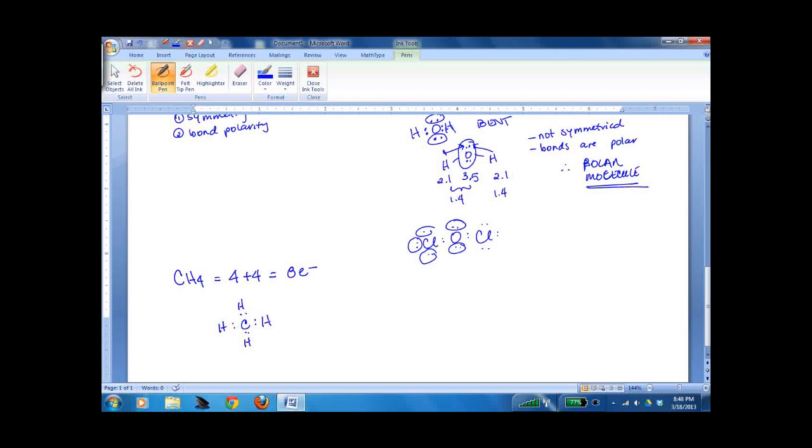Now, if we calculate the bond polarities, carbon is 2.5 and hydrogen is 2.1, so each one of these bonds will be 0.4. Oops, I actually drew these the wrong way. My dipole should be going towards the center.